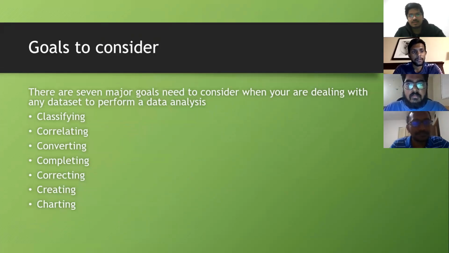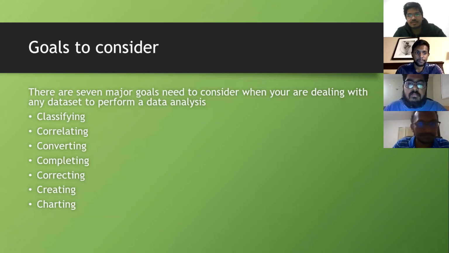So these are the seven goals we need to consider while dealing with any dataset to perform data analysis: classifying, correlating, converting, completing, correcting, creating and charting. Classifying means we classify the data sets and what type of data we require. Correlating is about the relation between the attributes in the CSV files.